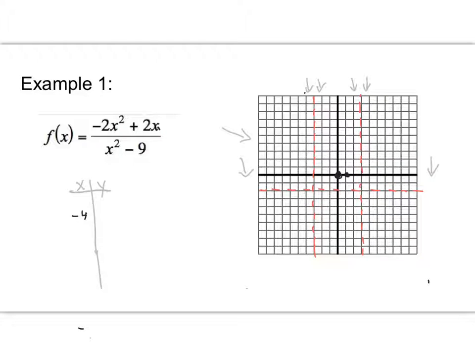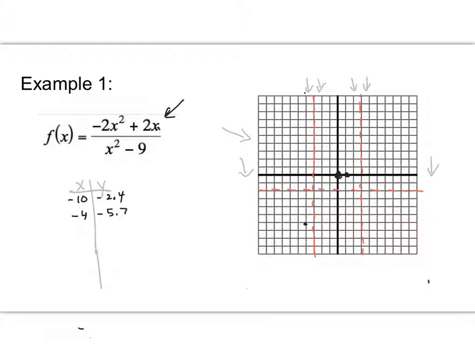And then I could also plug in a bigger negative value just to see what's happening. So I'm going to check those two values and see if I can figure out where to plot this. Well, when I plug in x equals -10 into the function here, I end up getting y is -2.4. And if I plug in -4, I end up getting y equals -5.71. We'll just do negative 5.7.